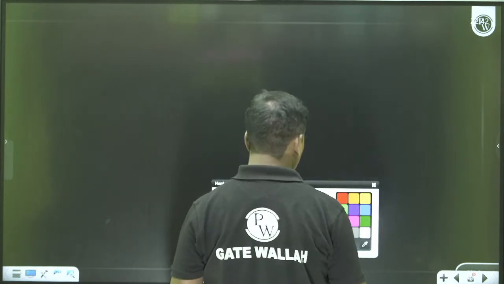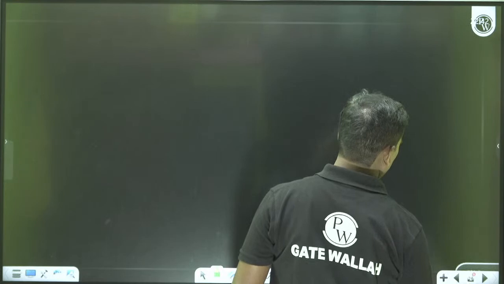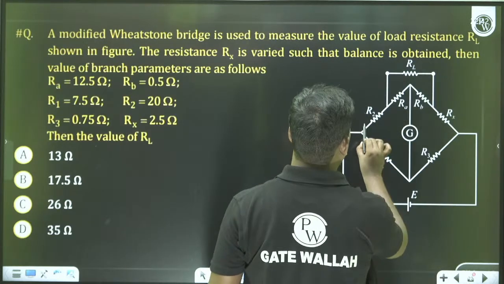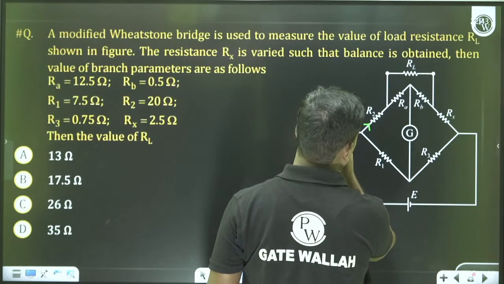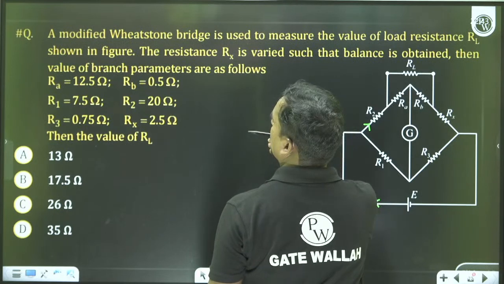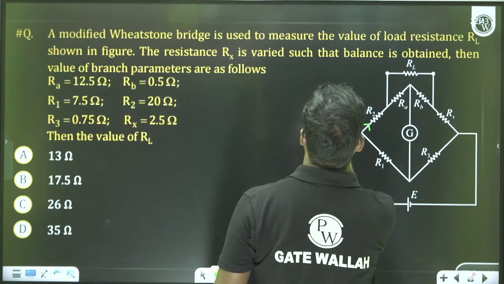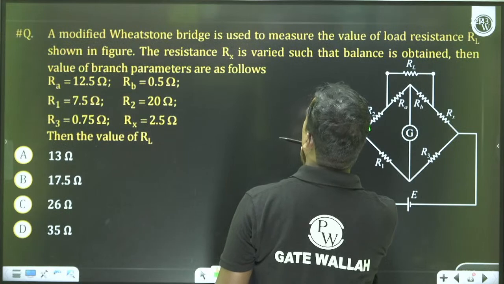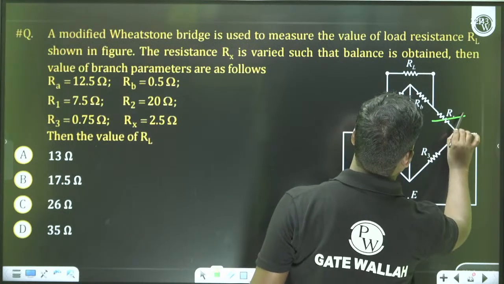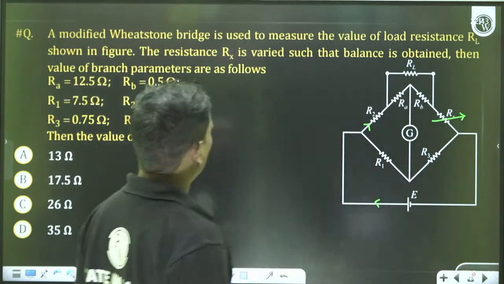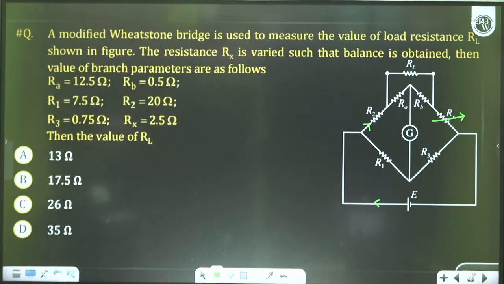If you see this, RX is varied, and R1 into RX equals R2 into R3.